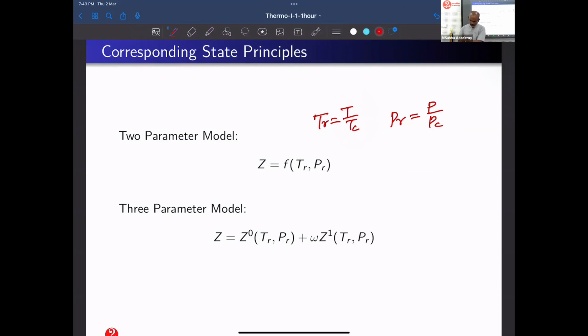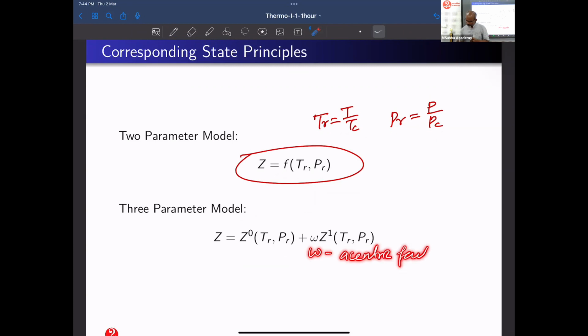Next, still the 2 parameter model is not fitting well to most of the components. So we go for a 3 parameter model, including a term called omega, the eccentric factor. This eccentric factor is equal to 0 for what are called simple fluids, namely argon, xenon, the rare gases. For the rare gases, this omega value is 0, whereas for other components it has some value.